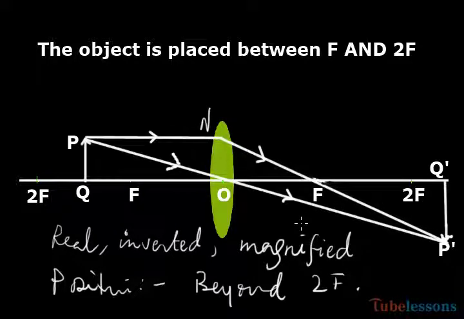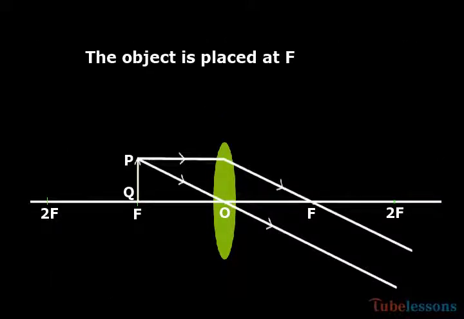And now the next case. Now in this case, the object is very near to the lens, it is on focus. When the object is at focus, the object is PQ, then a ray of light PN parallel to the principal axis is incident on the lens, and after refraction it goes through the path NF, and another ray passes through the optical center.